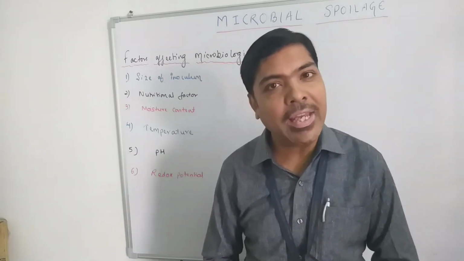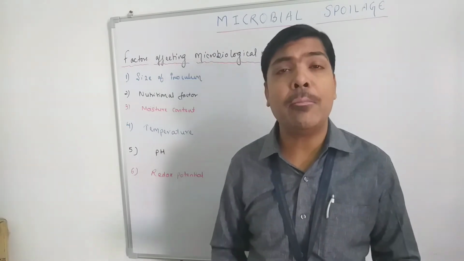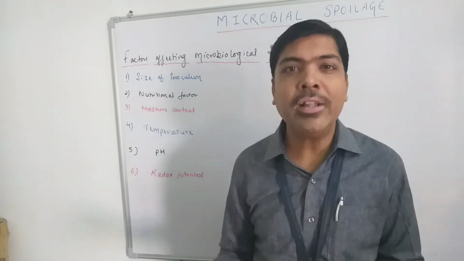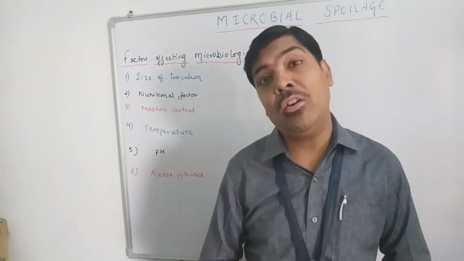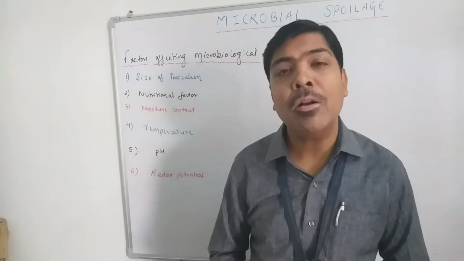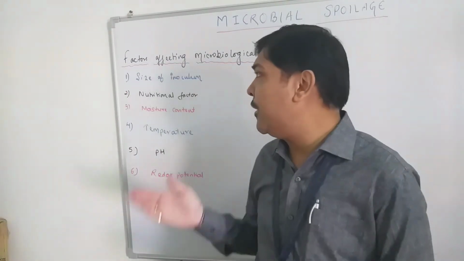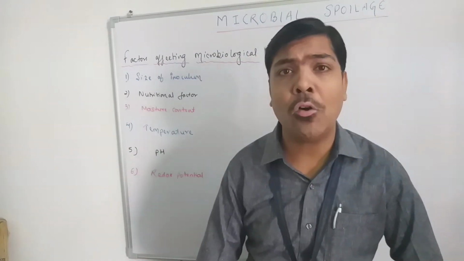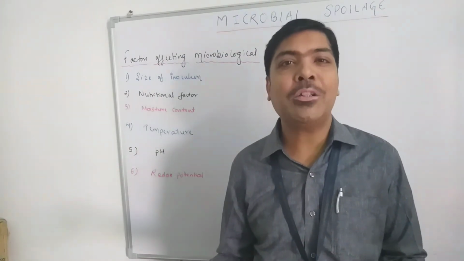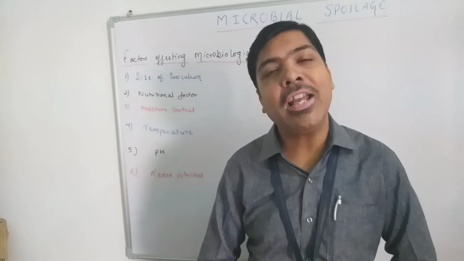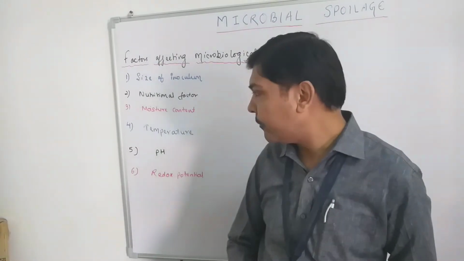So temperature again plays a very important role. If the temperature surrounding the preparation favors the growth of microorganisms, along with other factors, maybe the nutritional factor, maybe the size of the inoculum, then the growth and spoilage of the pharmaceutical product again will be very easy.